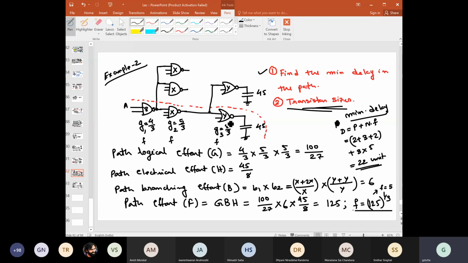Find them individually, because now we know the values of x and y, then add the individual delays and compare that value with the 22 units that we estimated using this formula, whether it matches or not.